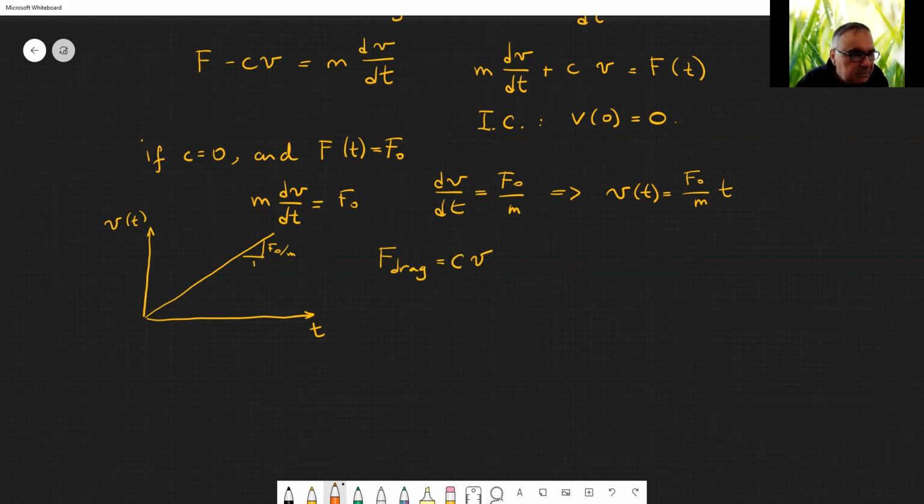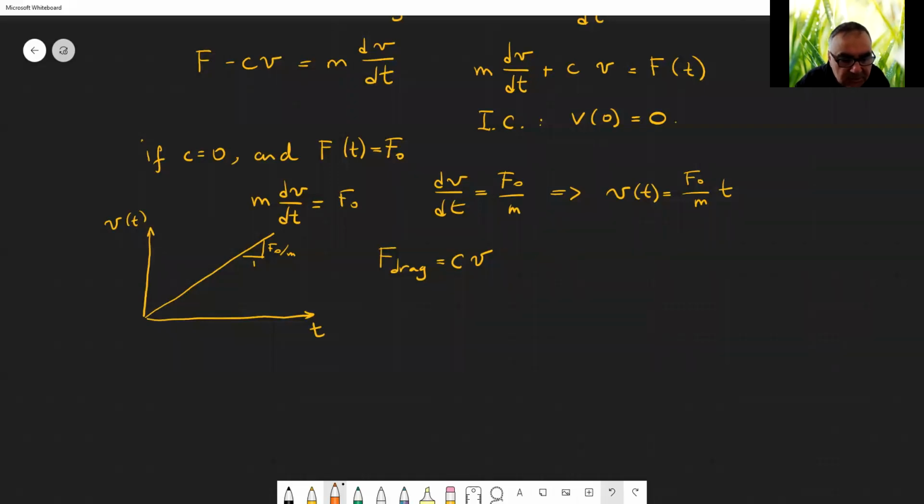So as the velocity increases, the air resistance becomes more and more. Eventually, at some point, the drag force increases to a level which is equal to the engine force, okay?